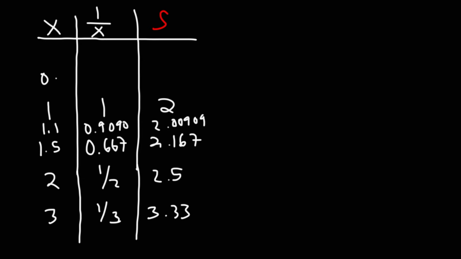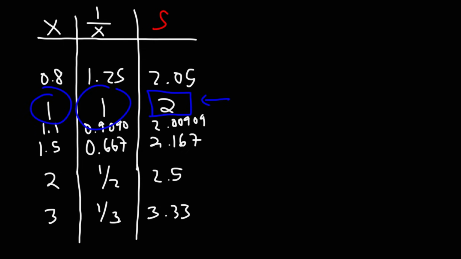If we try a number like 0.8, 1 over 0.8 is 1.25. And if you add that to 0.8, you get 2.05. So as we can see, the minimum sum is going to be 2. We can't get anything lower than that. And that occurs when x and its reciprocal are both equal to 1.